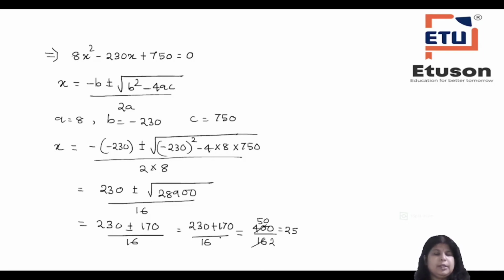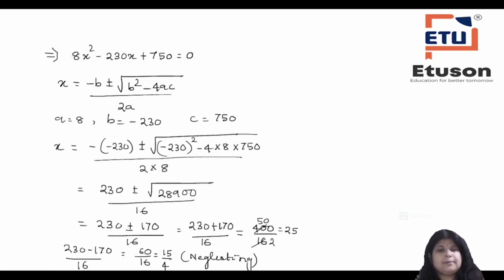And if you take the negative value, so that becomes 230 minus 170 divided by 16, which is nothing but equal to 60 divided by 16, which is equal to 15 divided by 4. So consider just neglecting this fraction, okay, so you will have x value as 25.